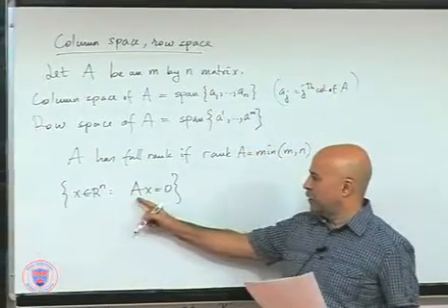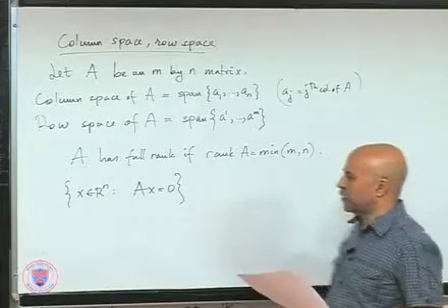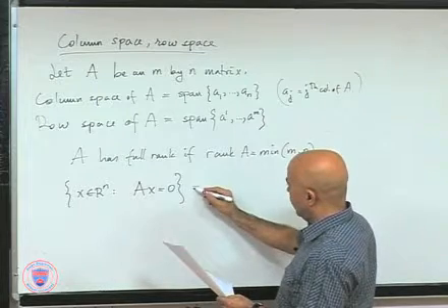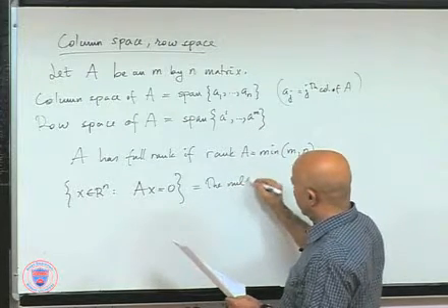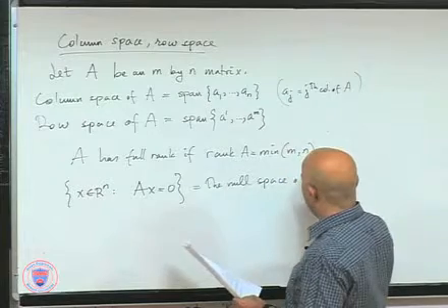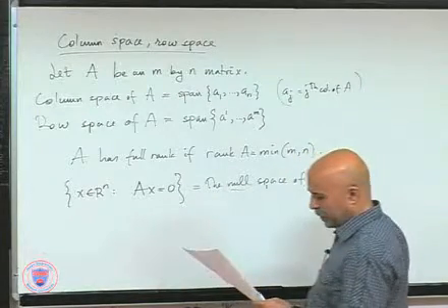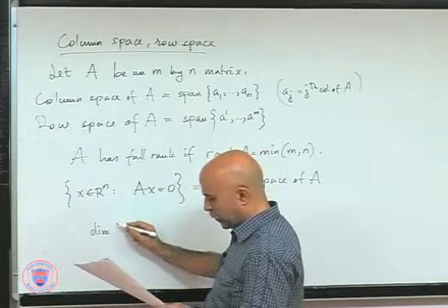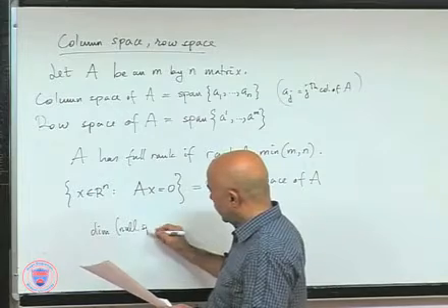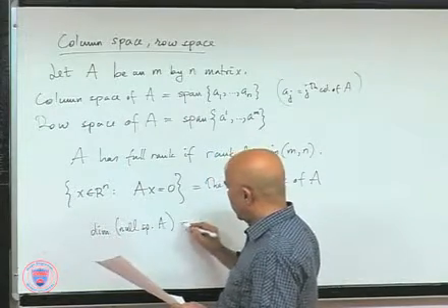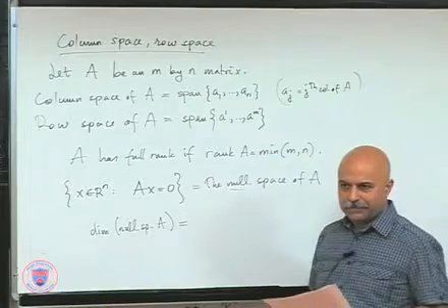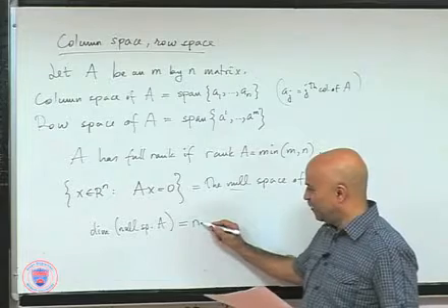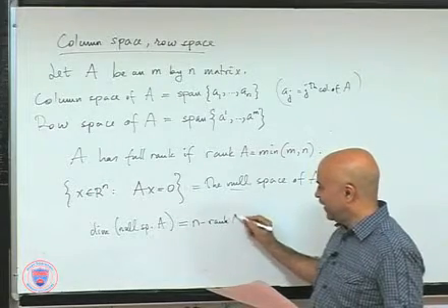If you take Ax equals 0, the set of all such x's gives you the null space of A. The dimension of the null space of A is how much? n minus rank of A. Okay?